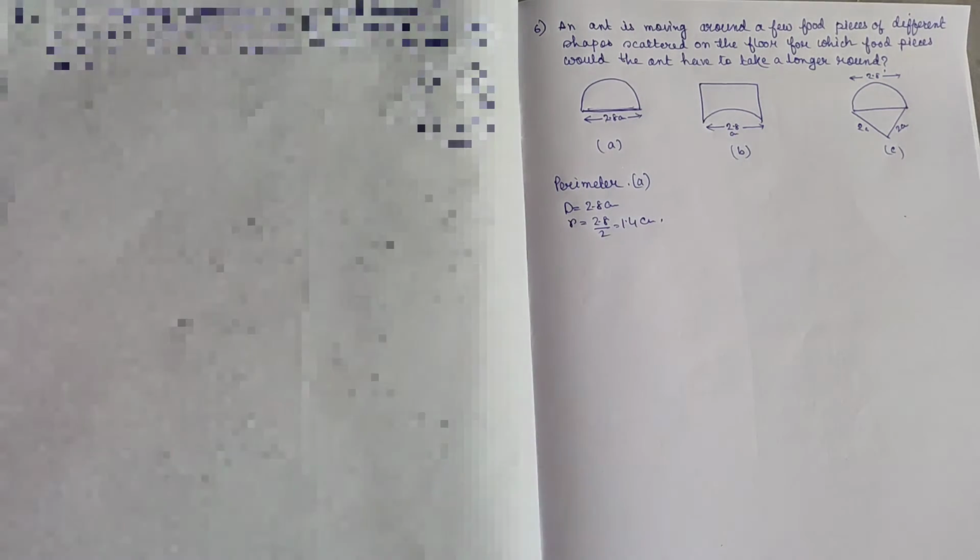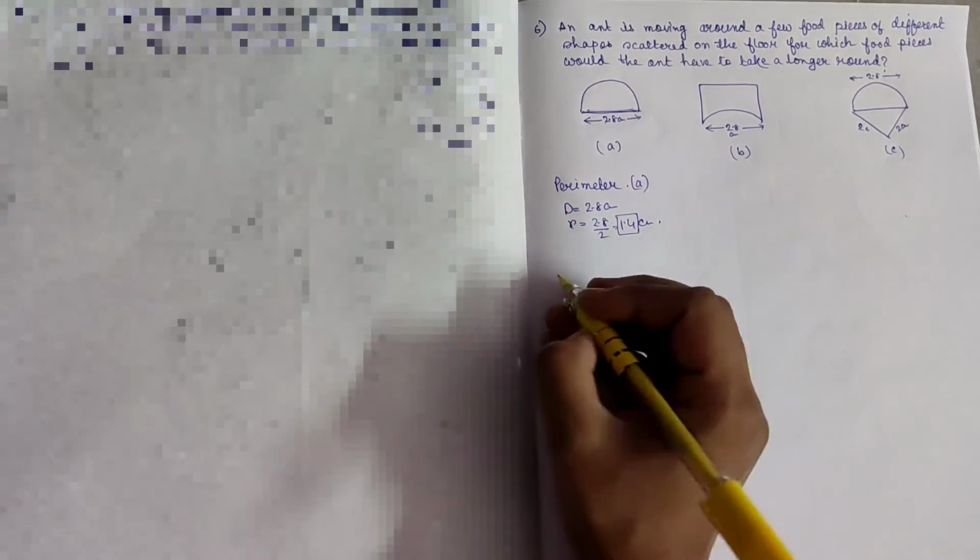The first figure is a half circle. We have to find out the perimeter of figure A. 2.8 is the diameter. The diameter is 2.8 centimeter. Radius will be half of 2.8, that is 1.4 centimeter.